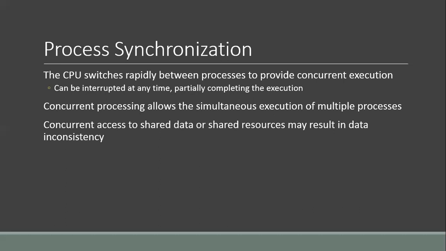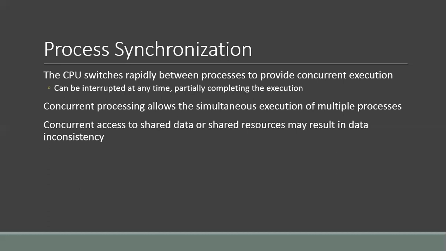Concurrent access to shared data or shared resources may result in data inconsistency. Concurrent processing works fine if the processes are independent of one another. However, in the case of cooperating processes, concurrent access to shared data or resources such as memory or I/O devices may result in inconsistency.